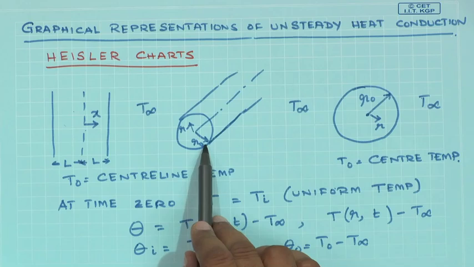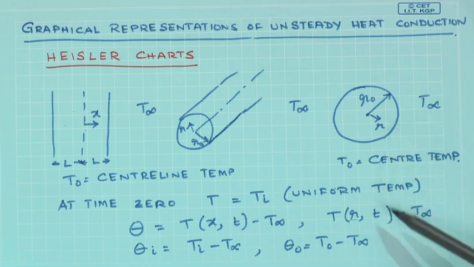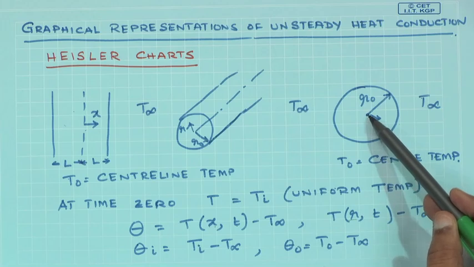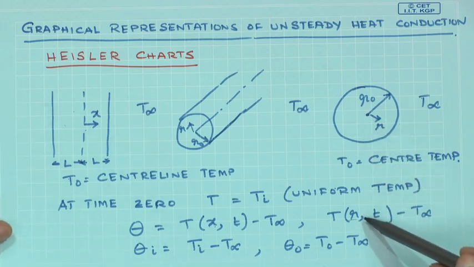So, for the case of a cylinder, theta 0 is simply the centerline temperature difference as compared to T infinity, and for the case of a sphere, it is the center temperature with respect to T infinity.